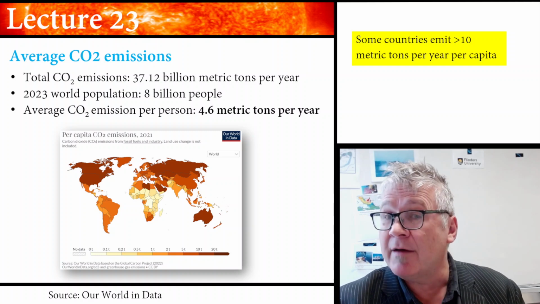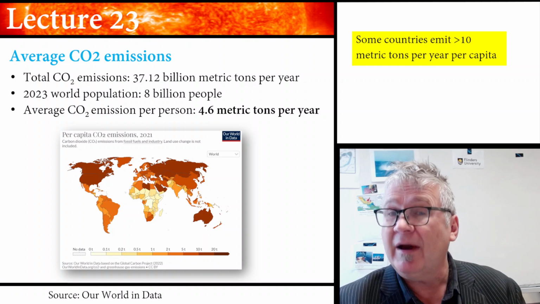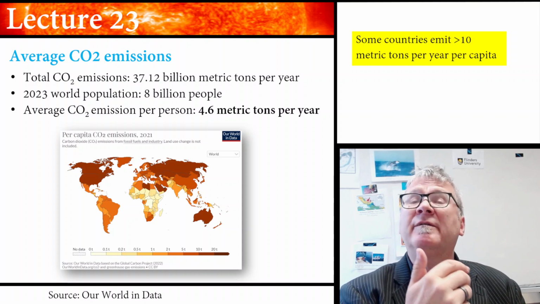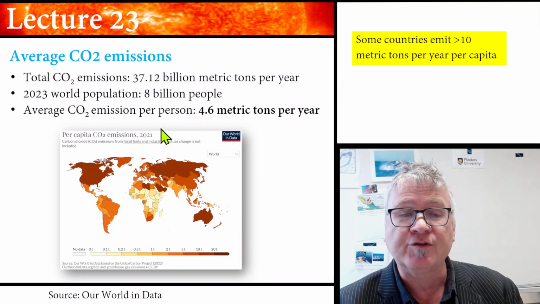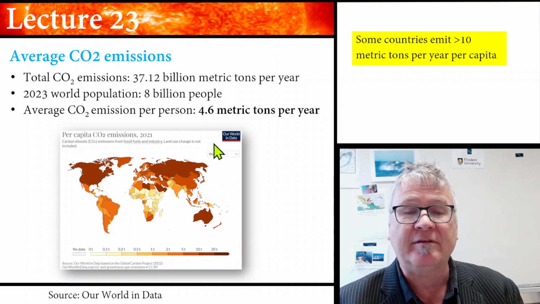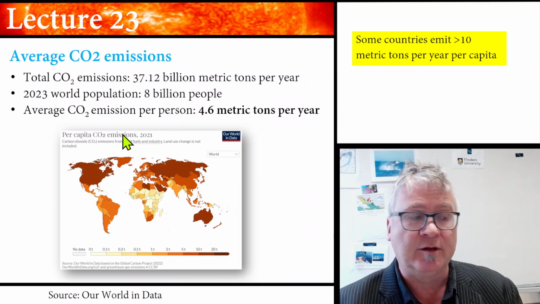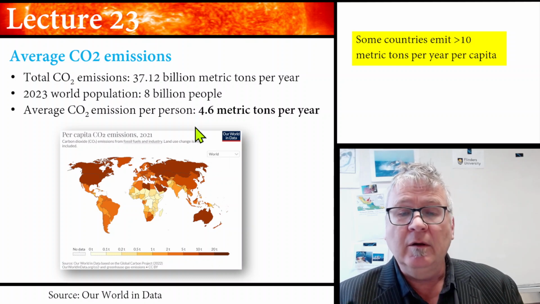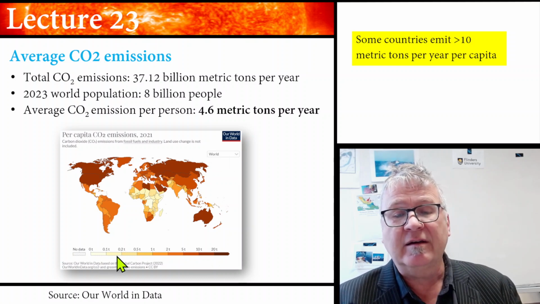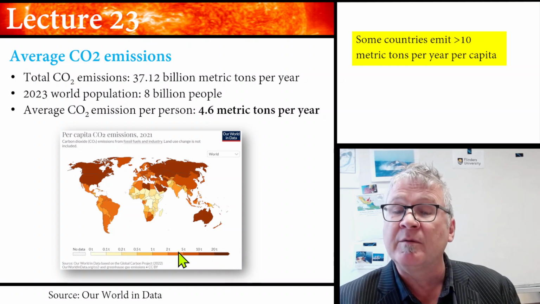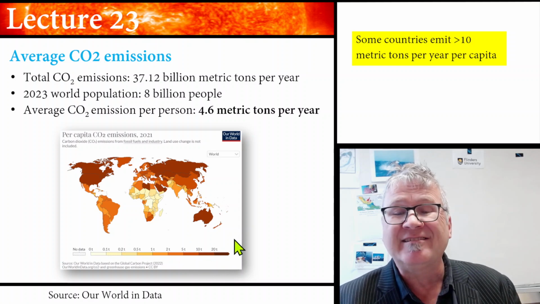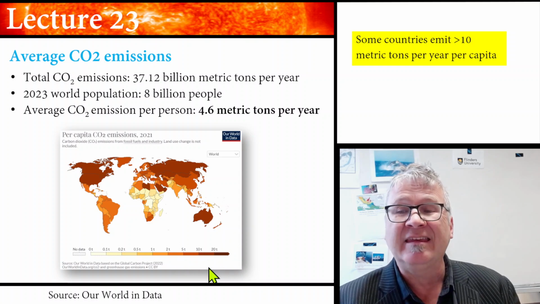Okay, that's the average. However, it varies. And here's a map that shows you the per capita CO2 emissions in 2021. You can see that there are countries in a dark orange, almost darker area, where the emissions are more than 10 tons per year per capita.